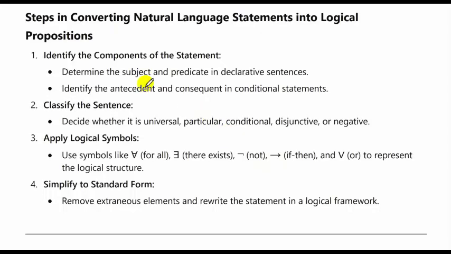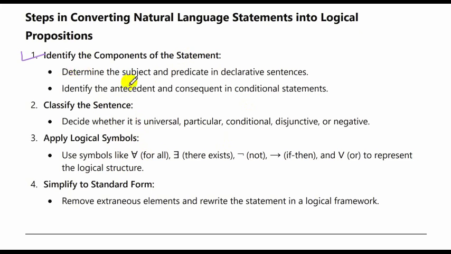Alright. So what are the steps for converting our normal language sentence or statements into its logical propositions? Understanding these steps is very important because this is what will help us convert our statements into their equivalent logical propositions.